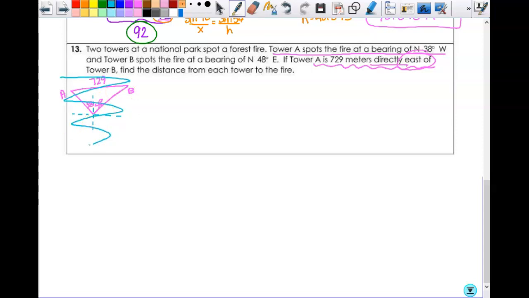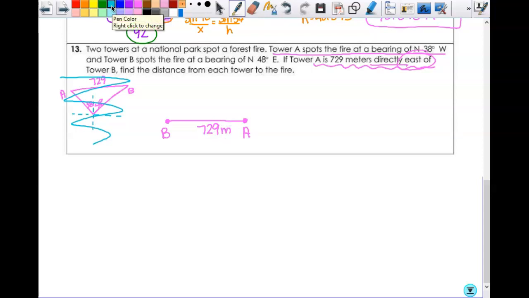Here's what's actually happening. Okay, I've got my 2 towers. So it says Tower A is 729 meters directly east of Tower B. So make my two towers. Okay, so since A is east of B, this is east, so A is east of B, and this is 729 meters.